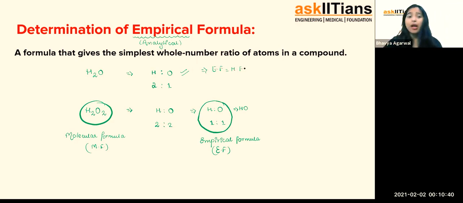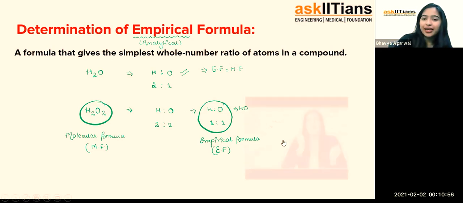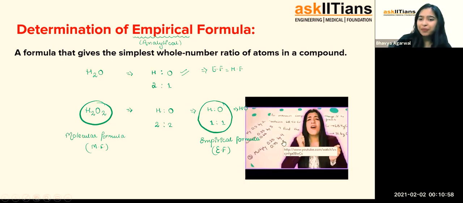But it is not so in all the cases. So we have to know the way to determine both the things. And how will we do that? That is what we are going to learn in this part.